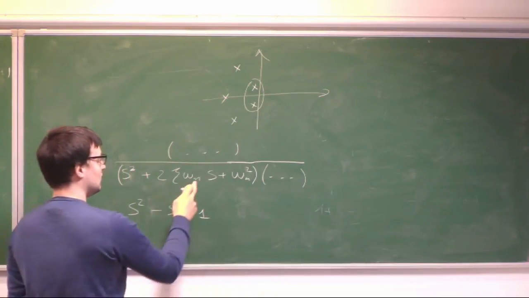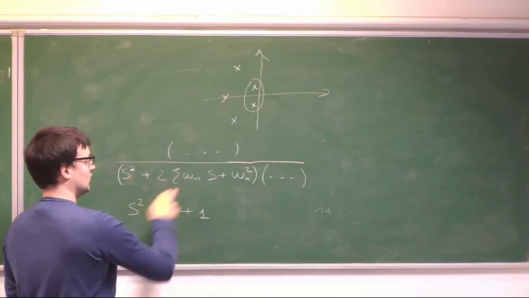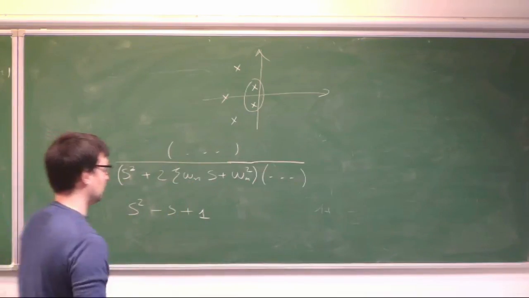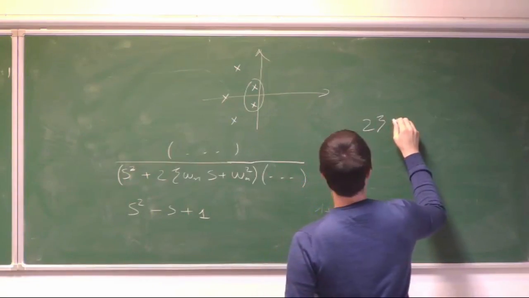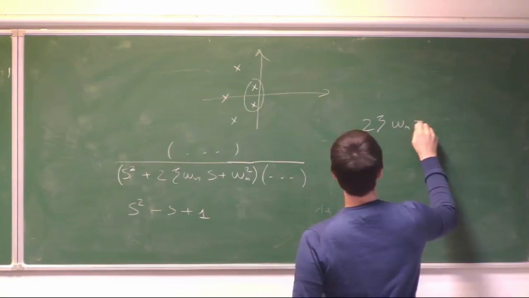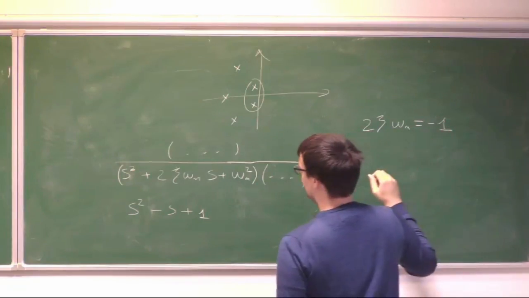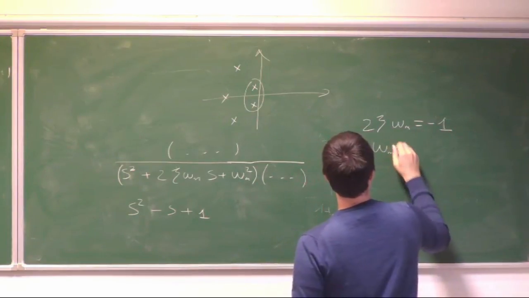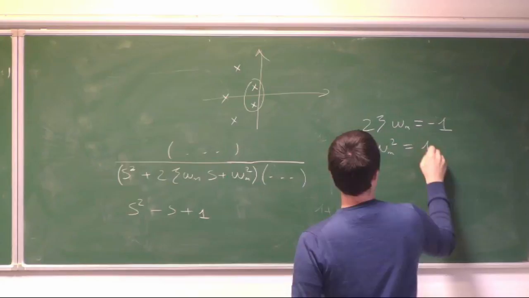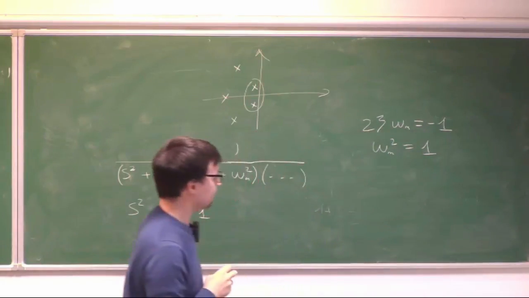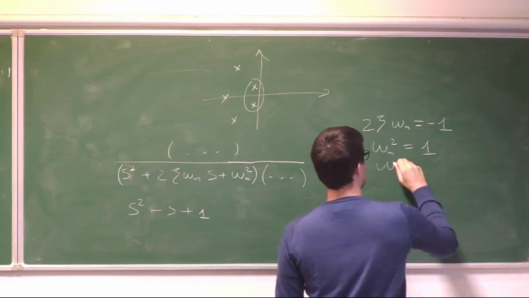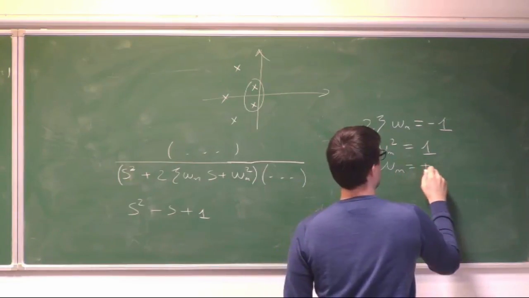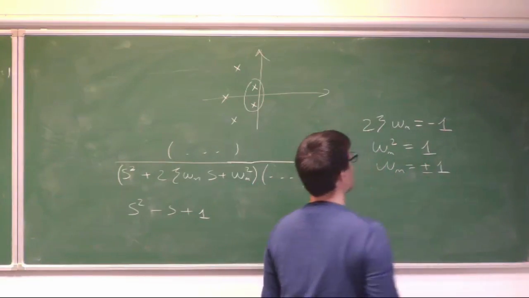What is the value of zeta and what is the value of omega n for this polynomial over here? Well, we have that 2 zeta omega n is equal to minus 1, and then we have that omega n squared is equal to 1, okay? So this basically means that omega n is equal to plus minus 1, okay?